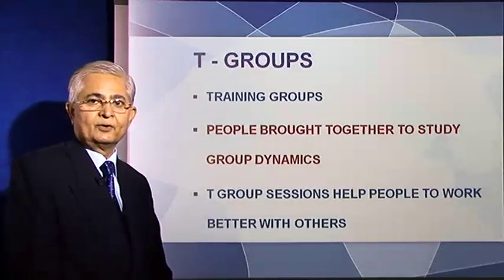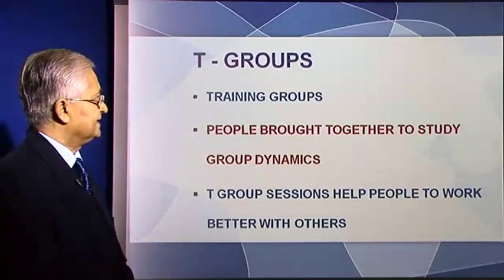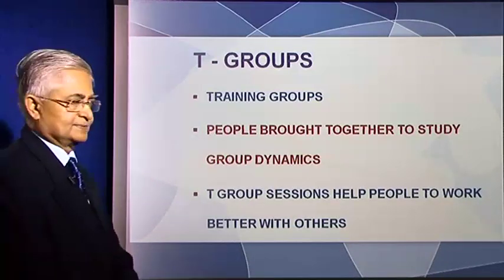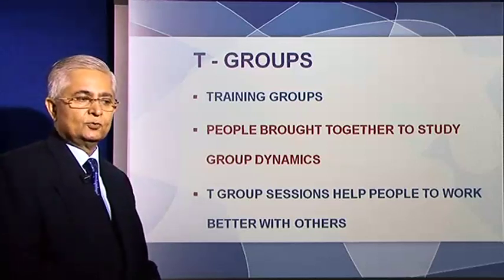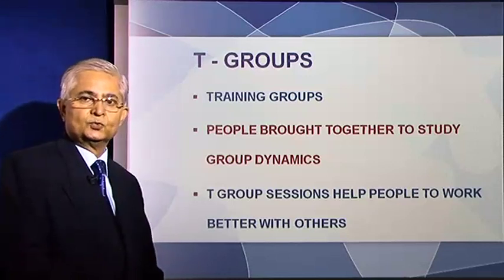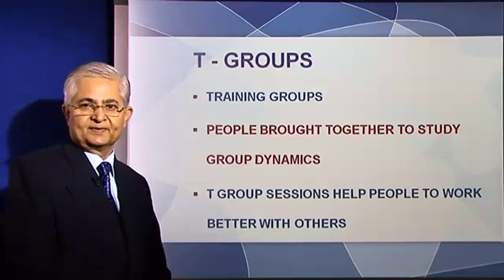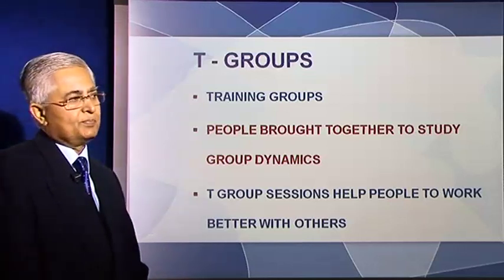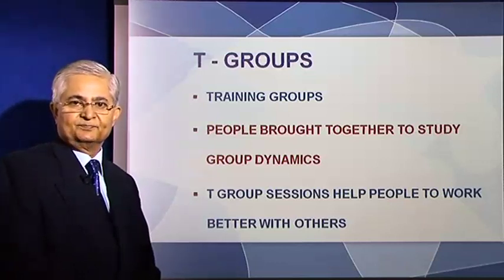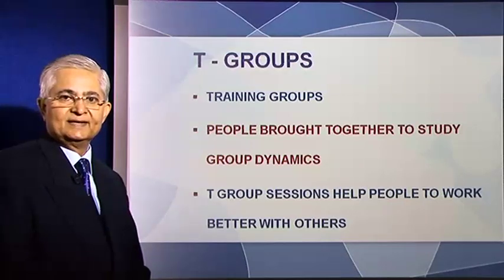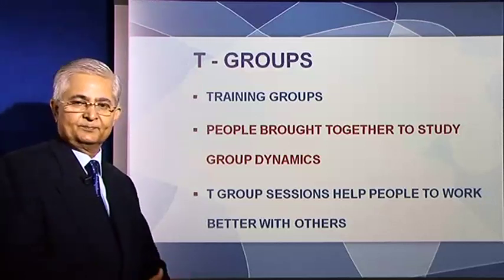The fourth kind of formal group is what's called a T group. These are training groups. Now, these T groups are constituted to train people in group dynamics. The fact of the matter is that an individual, when he is left alone, behaves in a certain way.